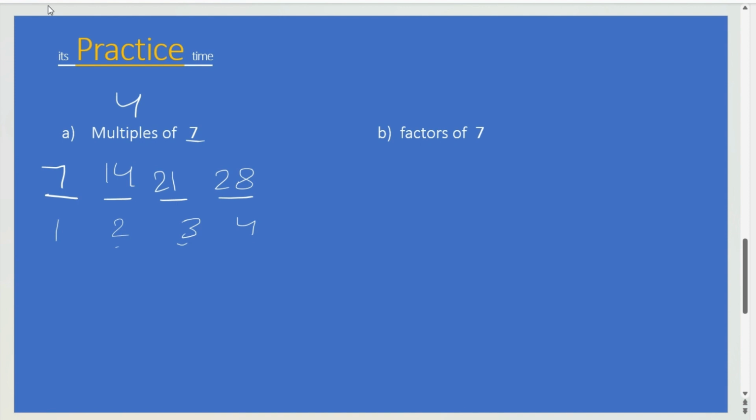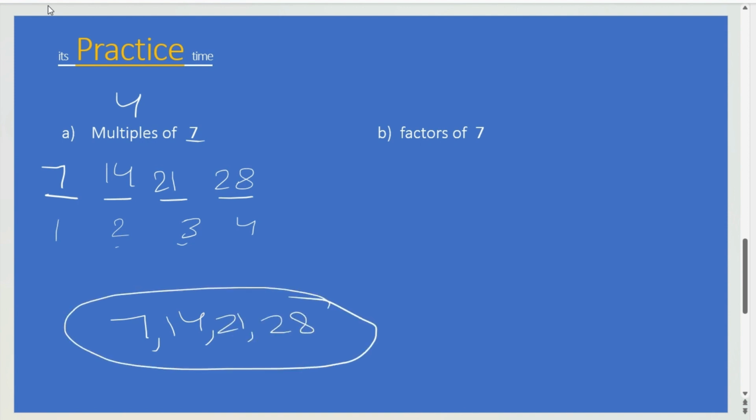And so the first 4 multiples are going to be 7, 14, 21, and 28. And these are the first four multiples of 7.